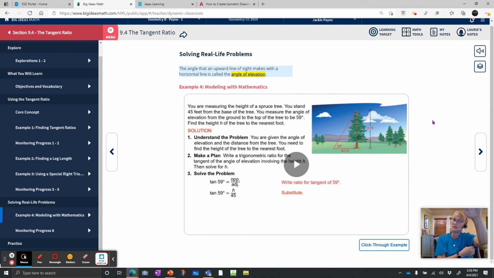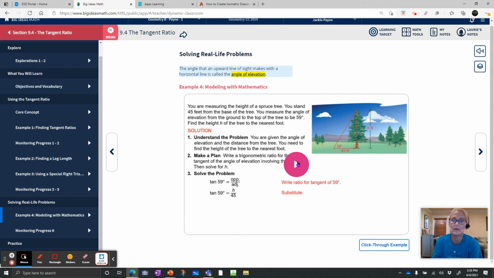So one's elevation when you're looking up and one's depression when you're looking down, as long as you know it's from your horizon. If you're 50 feet up, it's the angle that's down from where you're looking straight ahead. We are going to be doing a little bit of angle of depression, but right now this example uses angle of elevation. Elevation is up, depression is down.